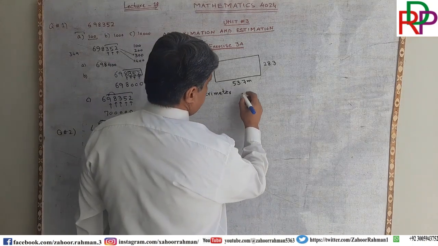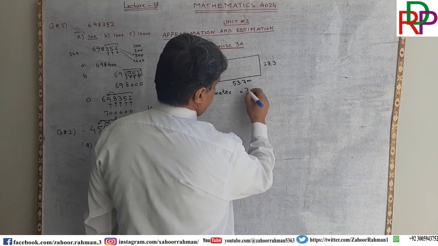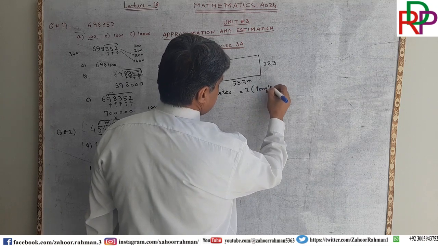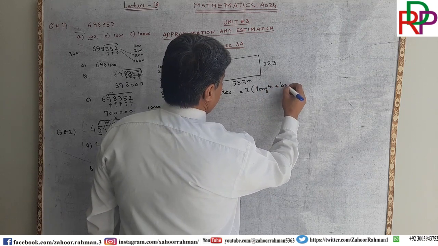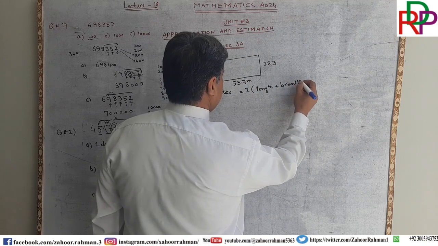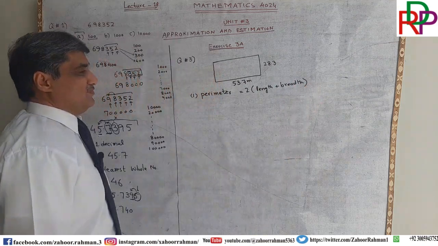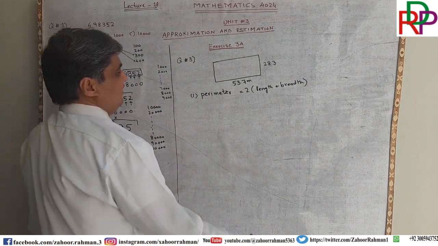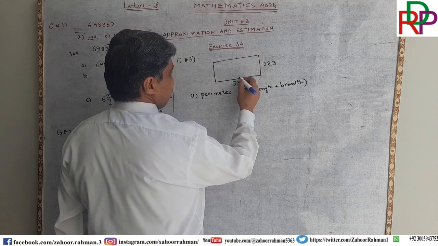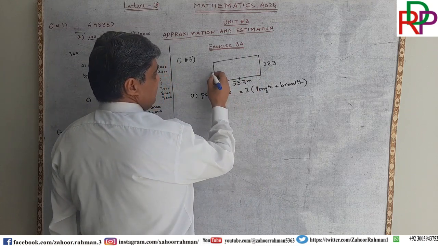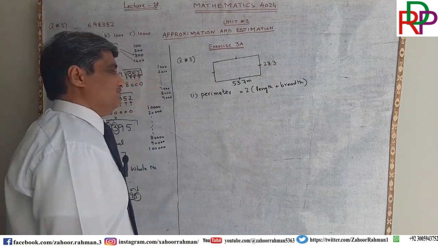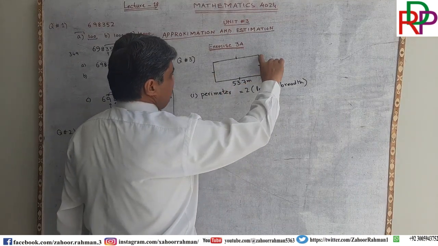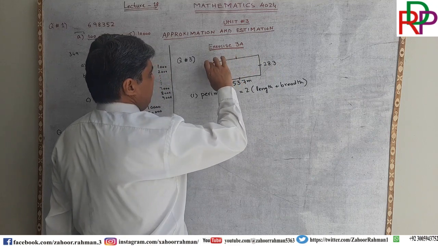So for perimeter, we have 2 into length plus breadth. Why? Because this is length and this is length, so 2 times. This is breadth and this is breadth. Either you add this plus this plus this plus this.